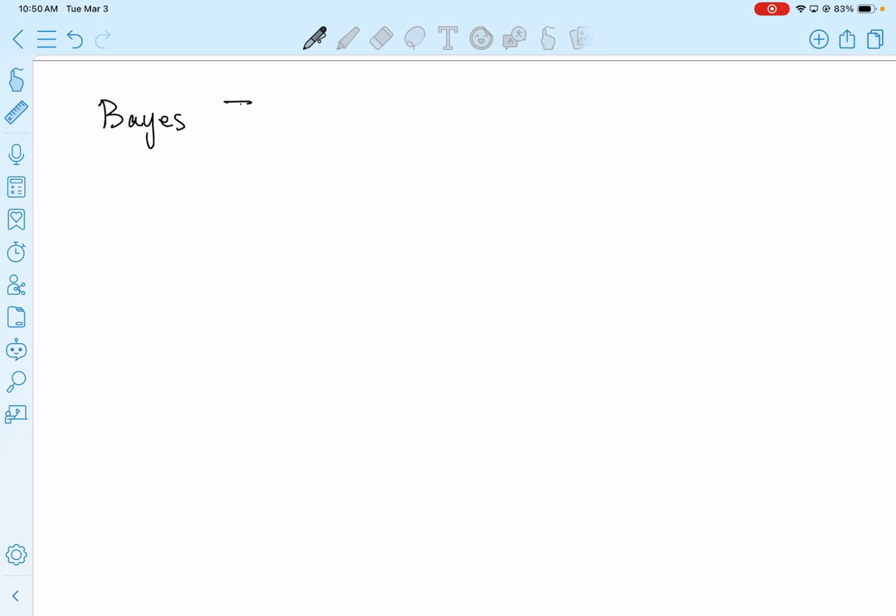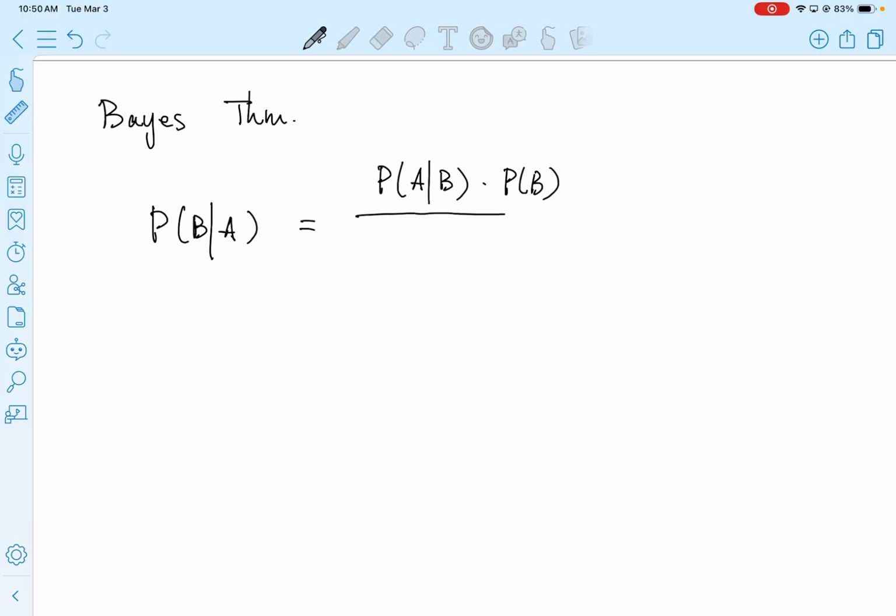This is called the Bayes theorem, and in generic letters it is the following: the probability of B conditional on A is equal to the probability of A conditional on B multiplied by the probability of B, divided by the marginal of A. This is called the Bayes theorem.